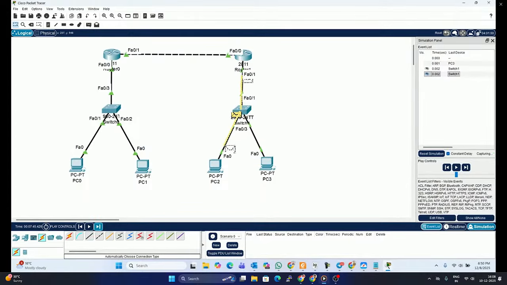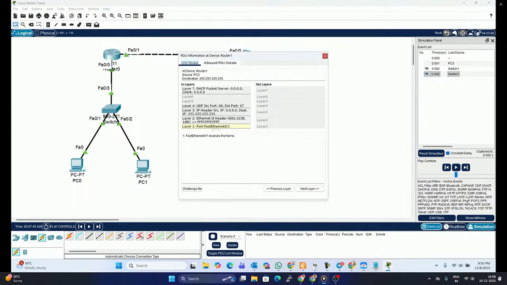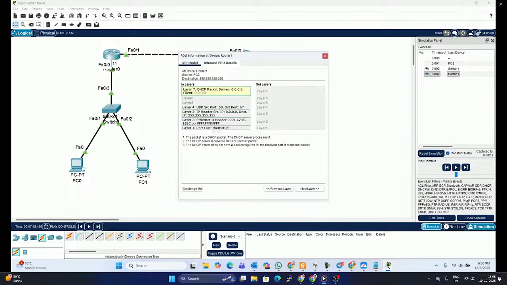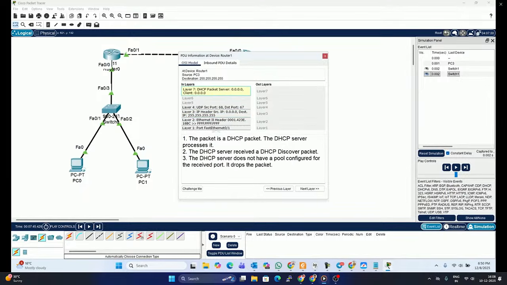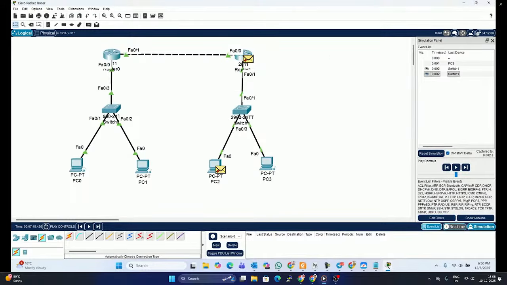The switch will forward it to everyone, and the router and user will discard it. Why? The DHCP server does not have a pool configured for the received port. It drops the packet because this router is not configured as the DHCP server.